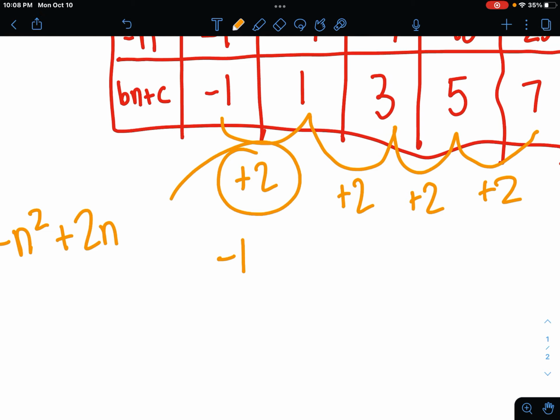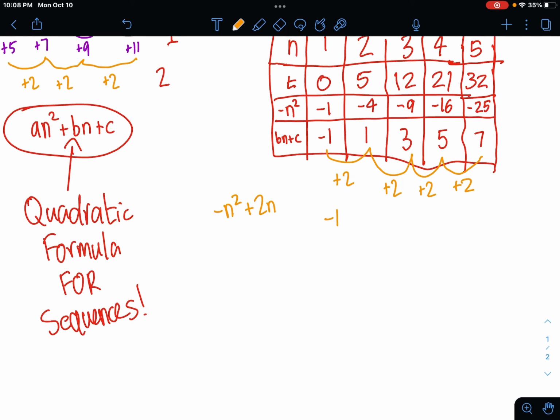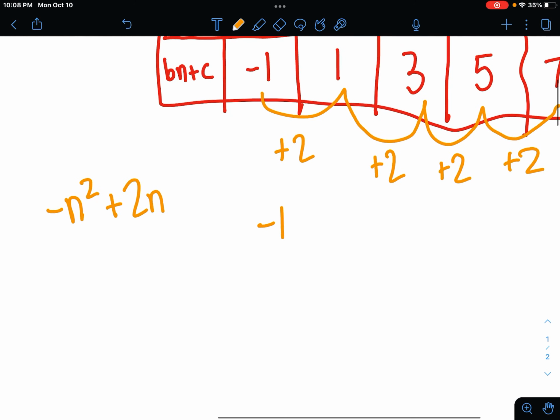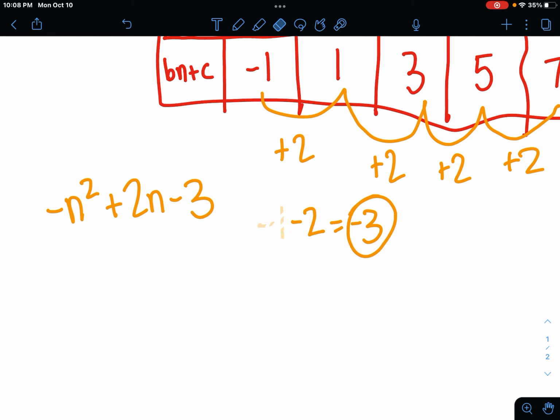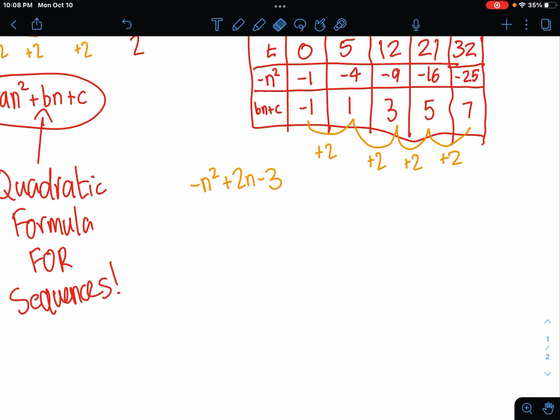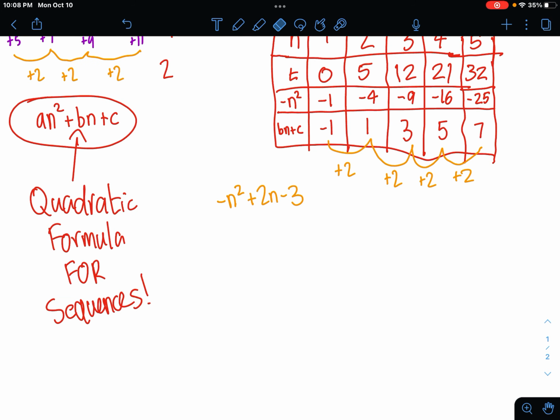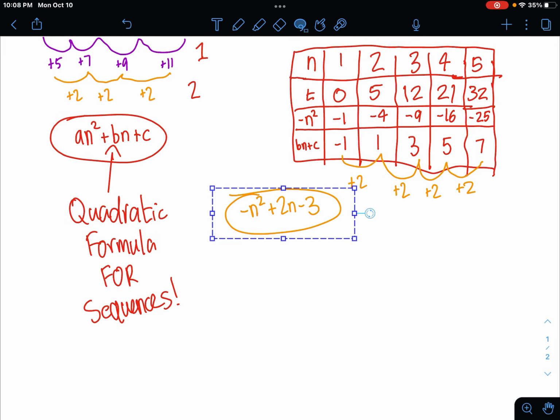I want you guys to take this number, aka the b value, and I want you to just make it the opposite. So if it's -2, make it +2. If it's +2, make it -2. So we will make this -2. Now we have -1 minus 2. This equals -3, and this, bang, is your c value. So let's write that, -3. And there you go. This is your quadratic formula, all done, for sequences. This is going to be your answer.